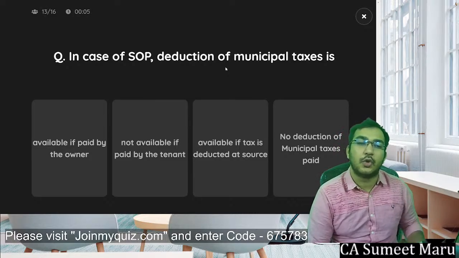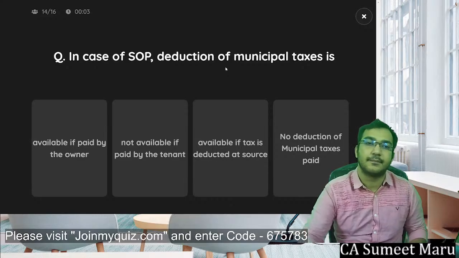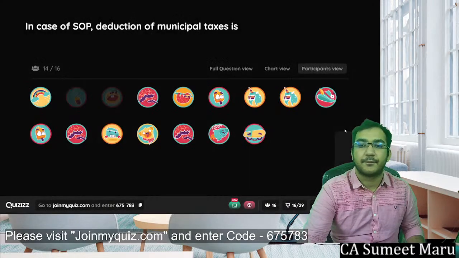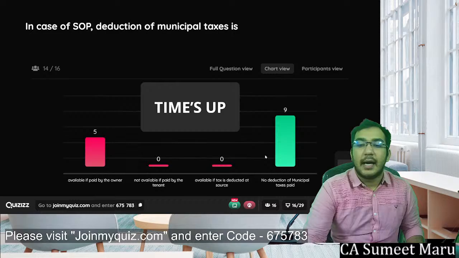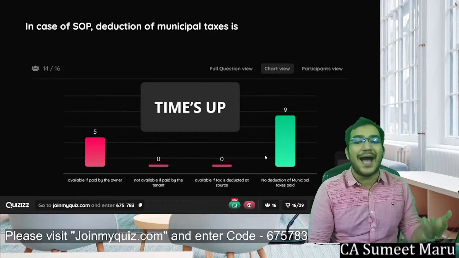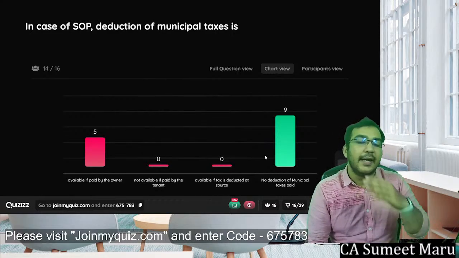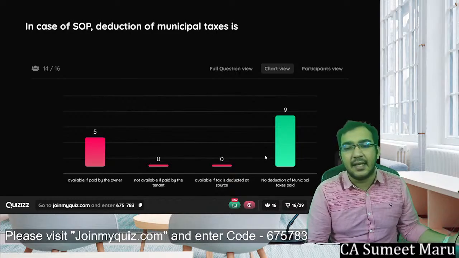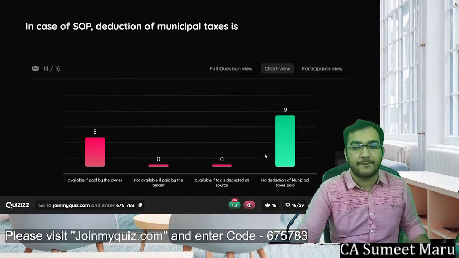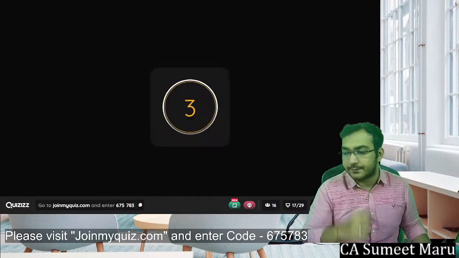The right answer is no deduction available. Why? Because for self-occupied property, the NAV is directly nil. So there is no question of municipal tax. Next question.